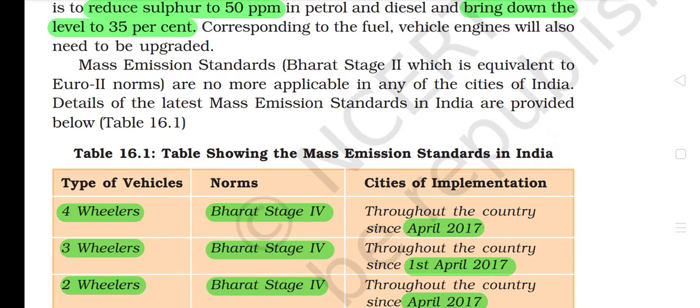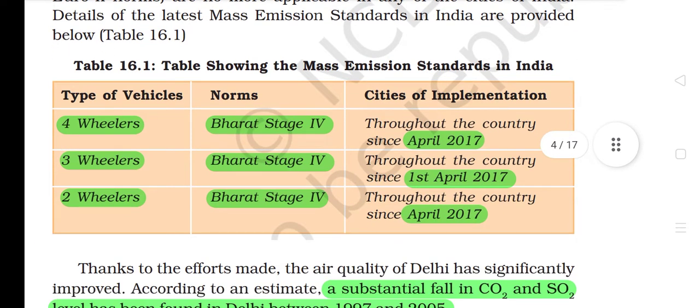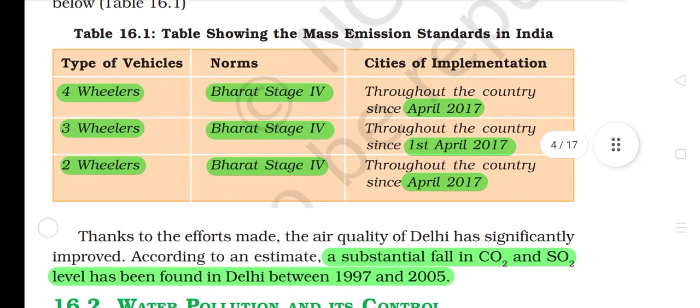Mass emission standards Bharat Stage 2, which is equivalent to Euro 2 norms, are no more applicable in any of the cities of India. Details of the latest mass emission standards in India are provided below. Table 16.1. Table showing the mass emission standards in India. Types of vehicles: four-wheelers, norms Bharat Stage 4, cities of implementation throughout the country since April 2017.